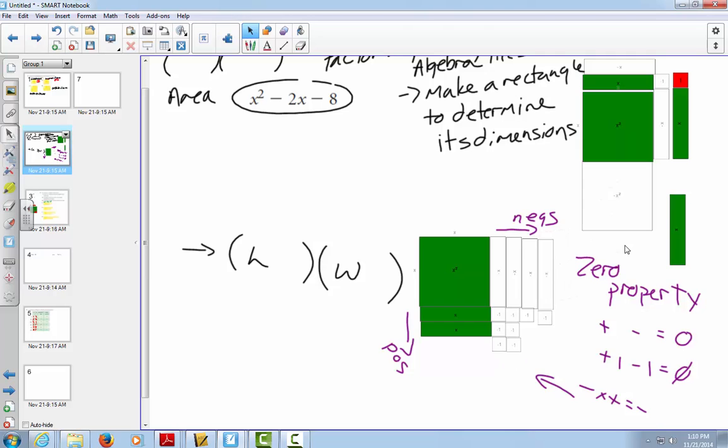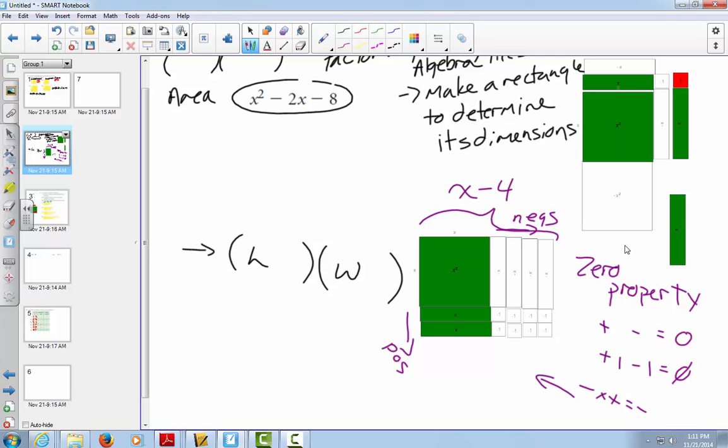Work on our rectangle here. We've got that. That. That. It's not the prettiest one in the world, but this would be a rectangle. So what happens now is we have our dimension here of x minus 4.